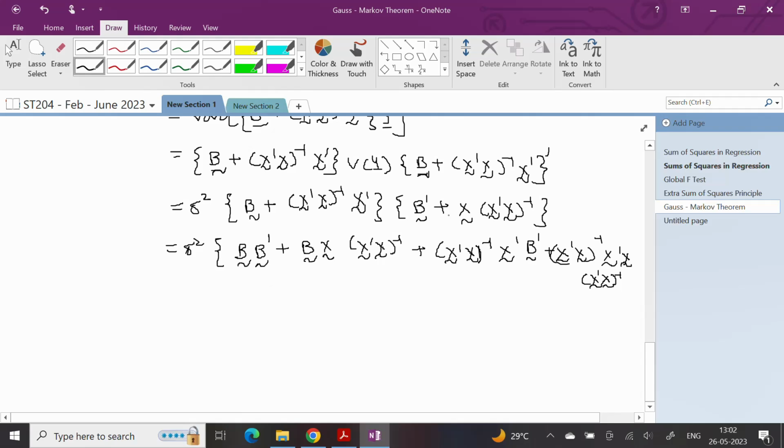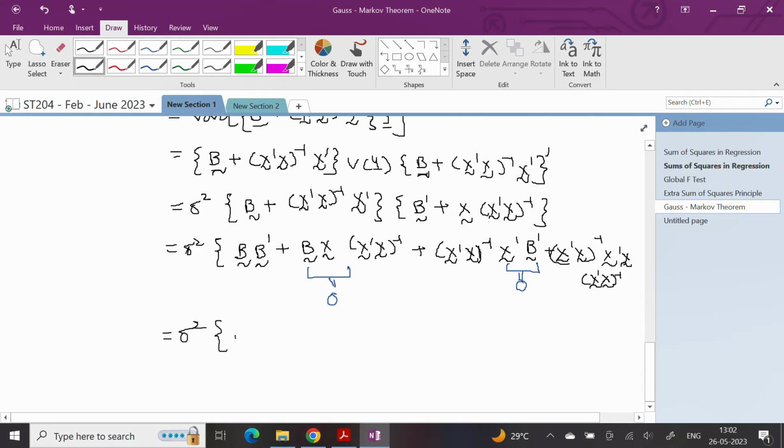and just now we proved here that for beta star to be unbiased, BX has to be 0. Okay, BX has to be 0 means what? Means this term has to be 0, and of course the transpose of it is also 0, so X prime B prime is also 0. So I'm left with only the first term and the last term.